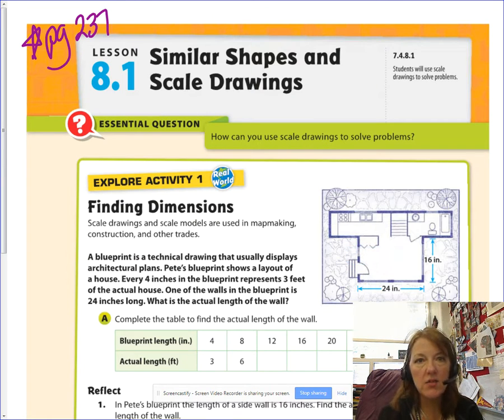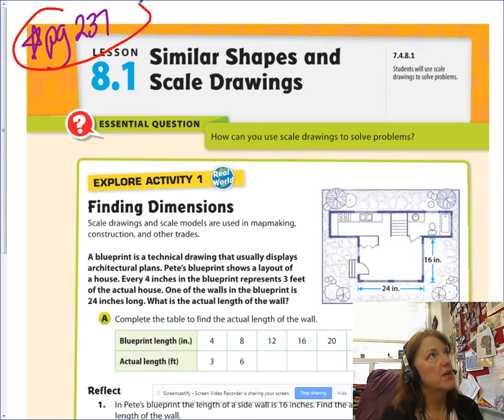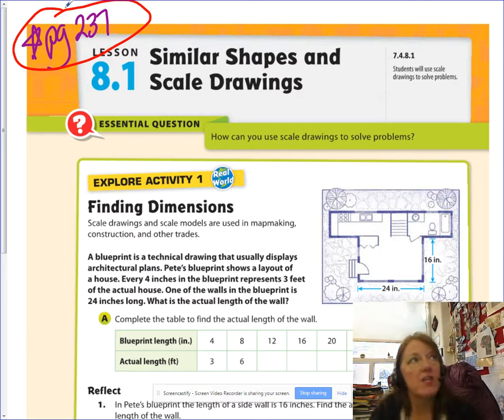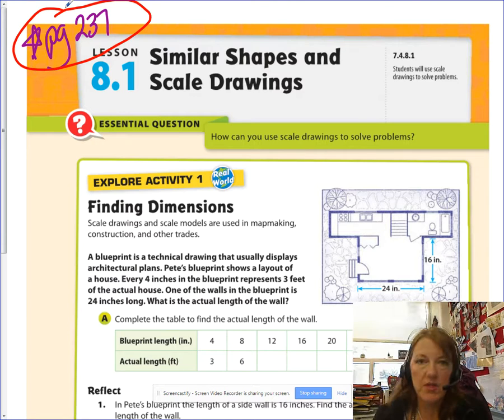And so what I need you to do is open up your book to page 237 and follow along with me. Alrighty. So we're going to get into talking about similar shapes and scale drawings today. Our essential question here is, how can we use scale drawings to solve real world problems?